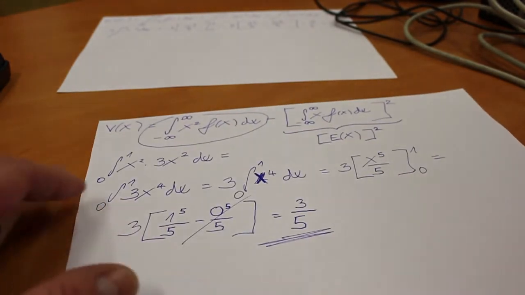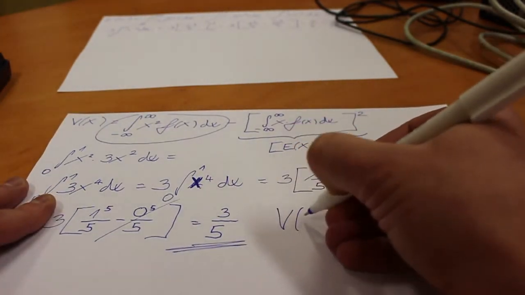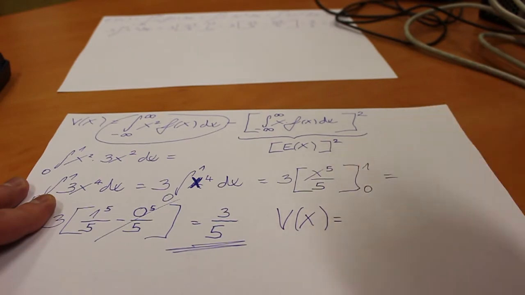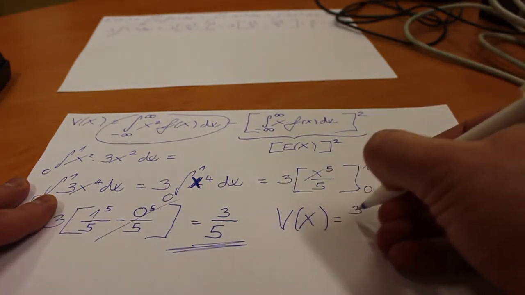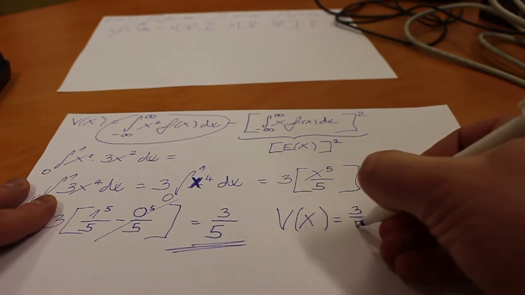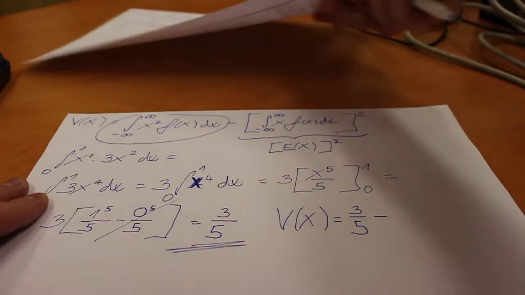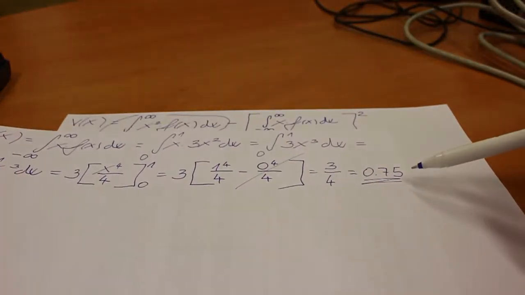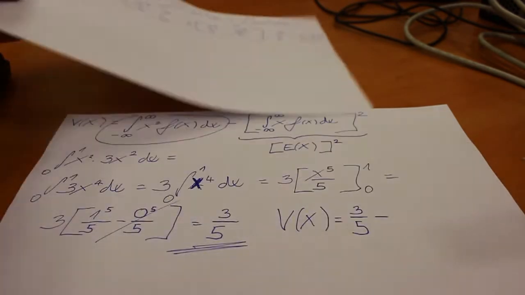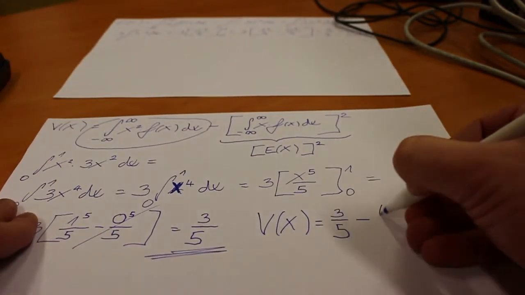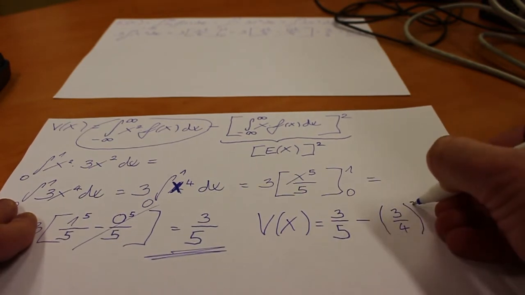So the final variance of the continuous random variable x is equal to 3 divided by 5 minus my calculated expected value, 3/4 squared.